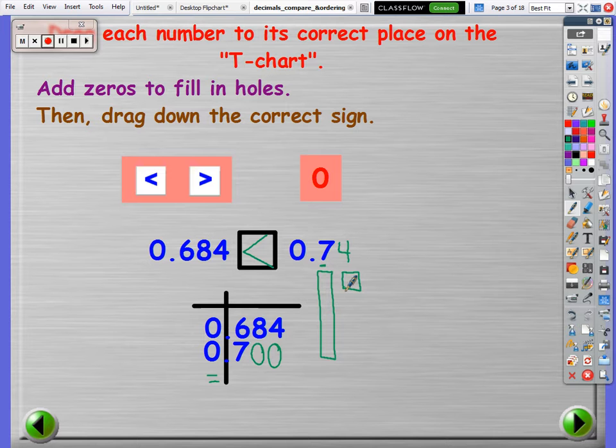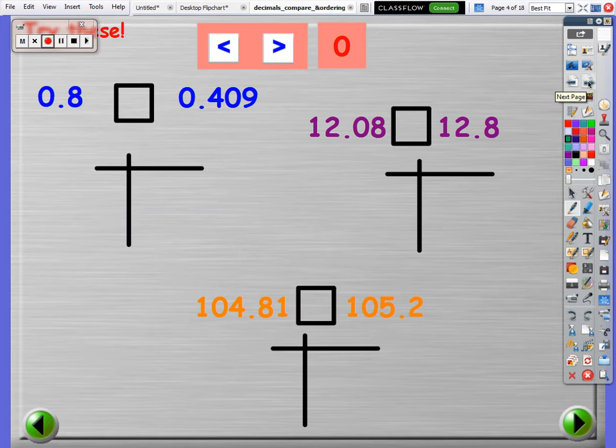Here's another one for you to try. Go ahead, pause the video, work out these 3, and then put it up, and then we're going to be done with our video for today. Okay, so I'm going to drag my numbers in, putting that decimal right there.